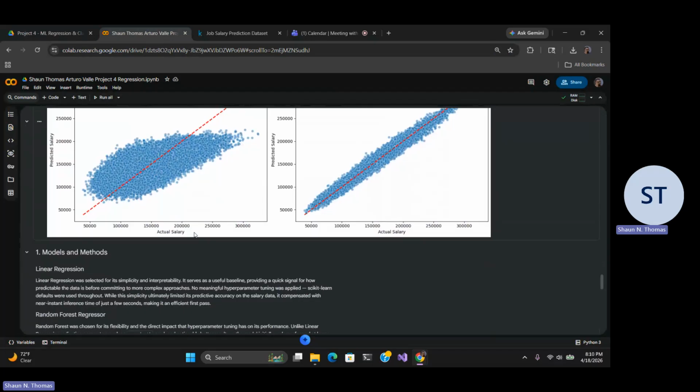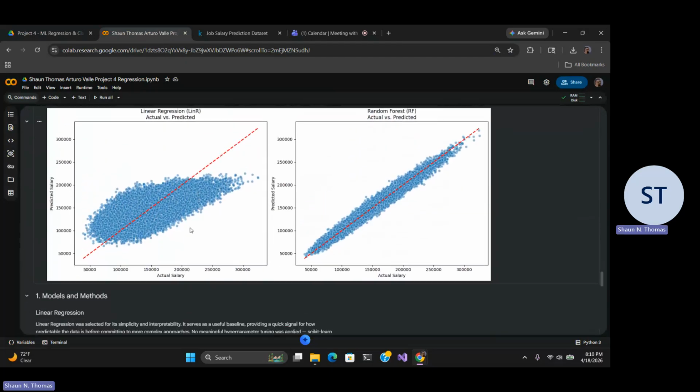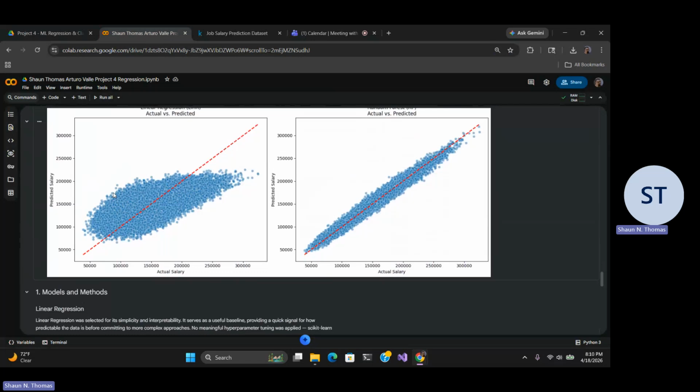Some weights might have more importance than others, which determines where the eventual spot given its inputs will be on the graph. As you can see here, it wasn't very accurate. I suppose that would be because the inputs were maybe more important than the linear classifier predicted or assumed.